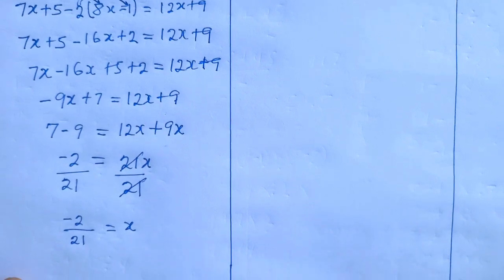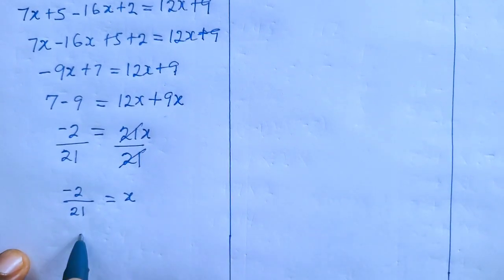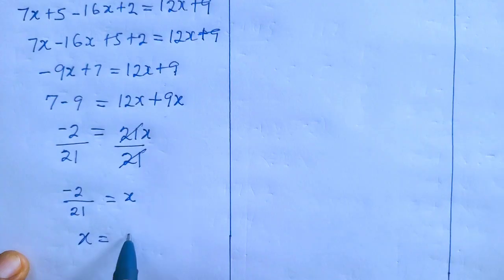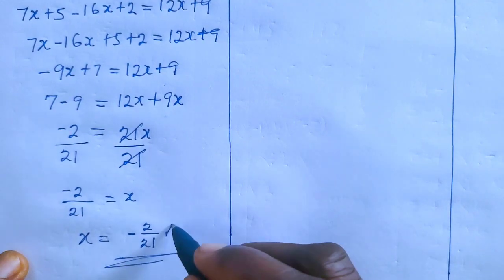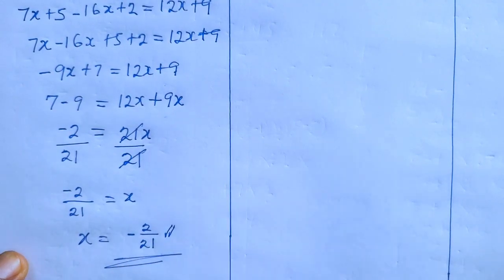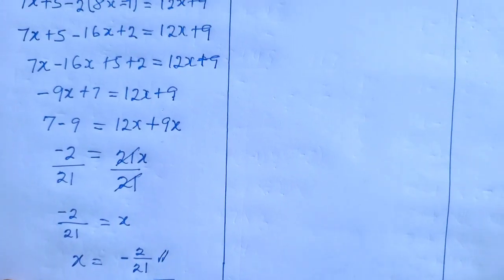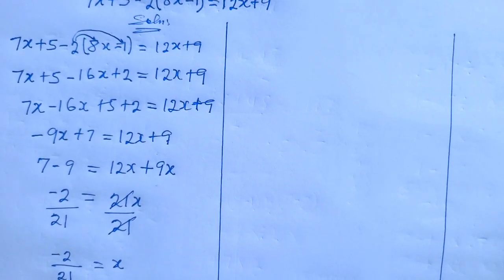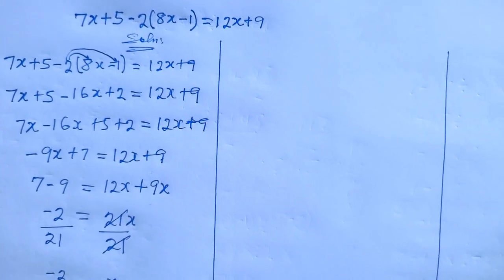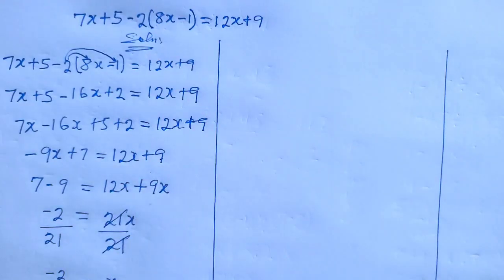And this also implies that x equals minus 2 all over 21. And this is the correct answer and the right value of x that will satisfy this given equation right here.